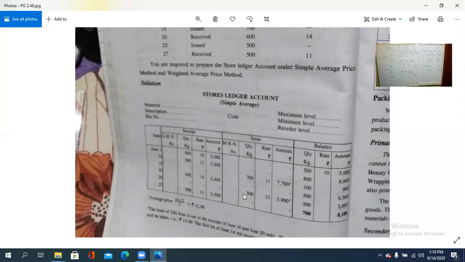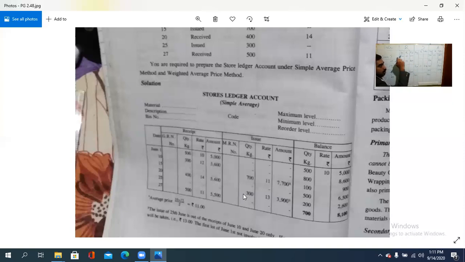Then on the 25th, 300 units are to be issued. So how much is the balance? 200. Which price is to be taken? As I told you, the earlier lot is almost utilized; of the first step's 800, 700 is used and only 100 is available.